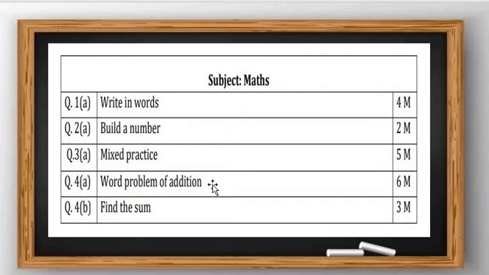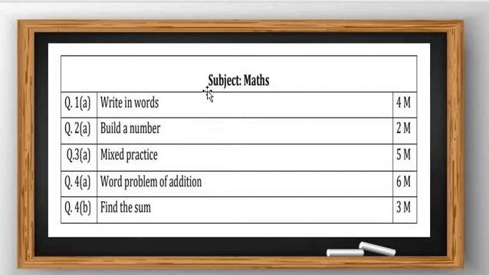Okay, so questions 3, 4A and 4B are all three questions from chapter number 2, and the first two questions come from chapter number 1. Write in words is 4 marks, build a number 2 marks, mixed practice 5 marks, chapter 2 word problems of addition 6 marks, and chapter 2 find the sum 3 marks.